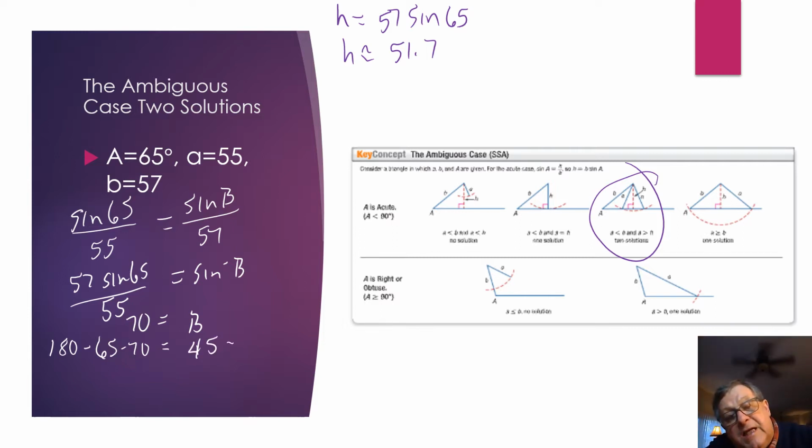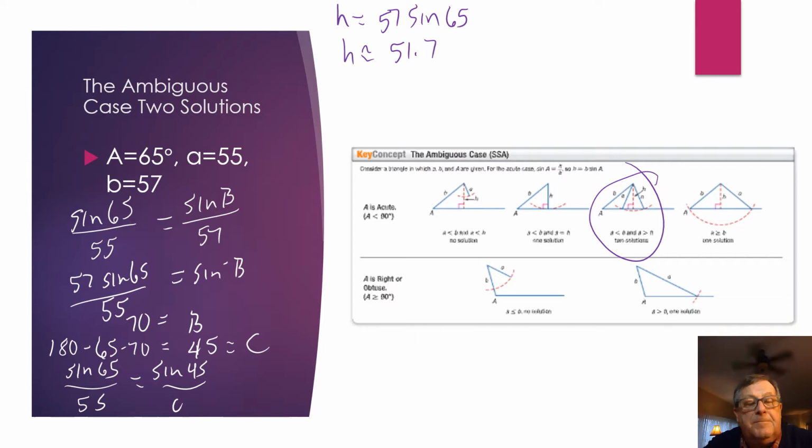And now let's find side C in that case, by taking the sine of 65 divided by 55 equal to the sine of 45 over side C, which means C is going to equal 55 times the sine of 45 divided by the sine of 65. All right, 55 times the sine of 45 divided by the sine of 65.